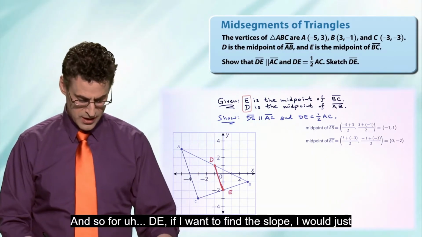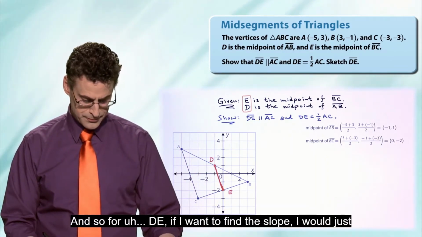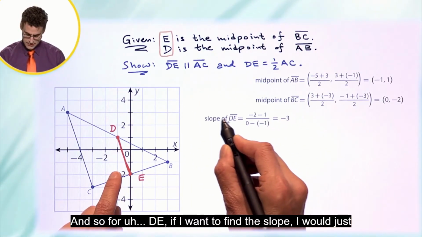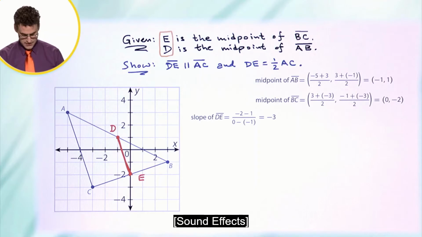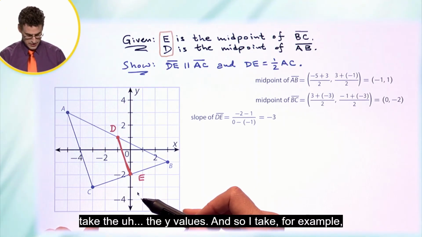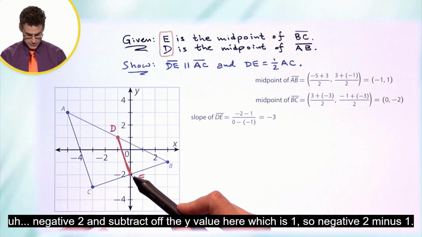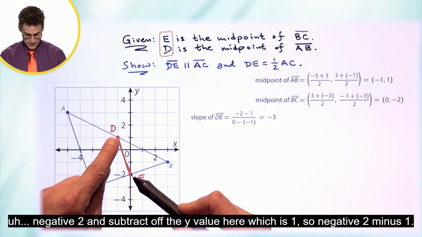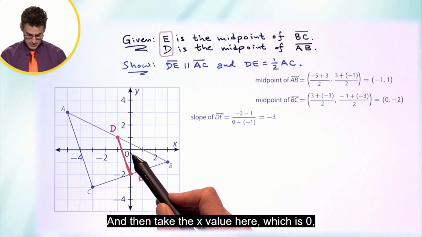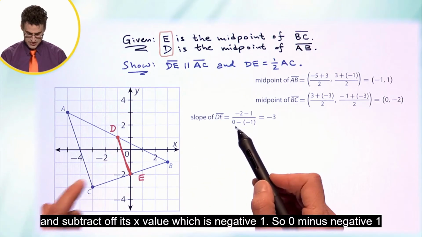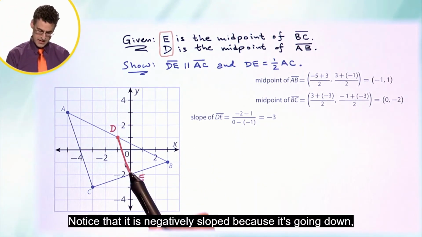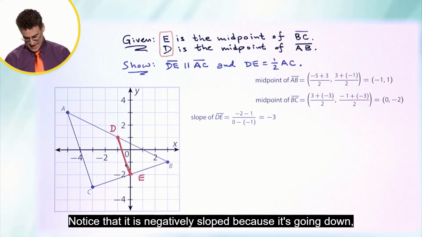So for DE, I take the y values, -2 minus 1, and then the x values, 0 minus -1, and it works out to be -3. Notice that it is negatively sloped because it's going down, so that's good.